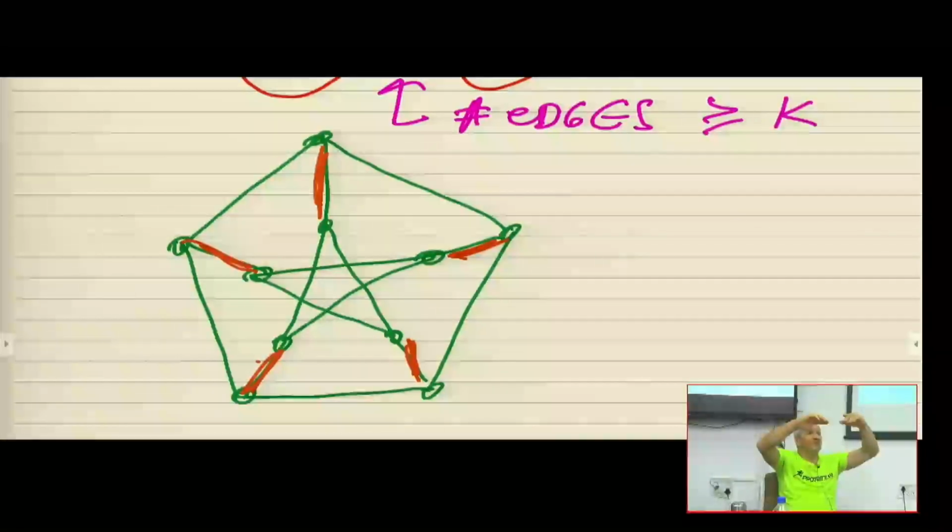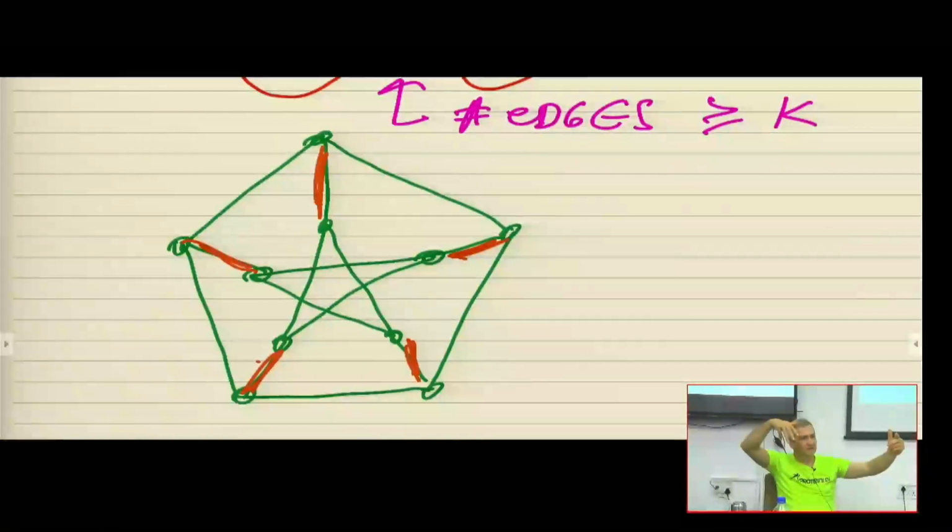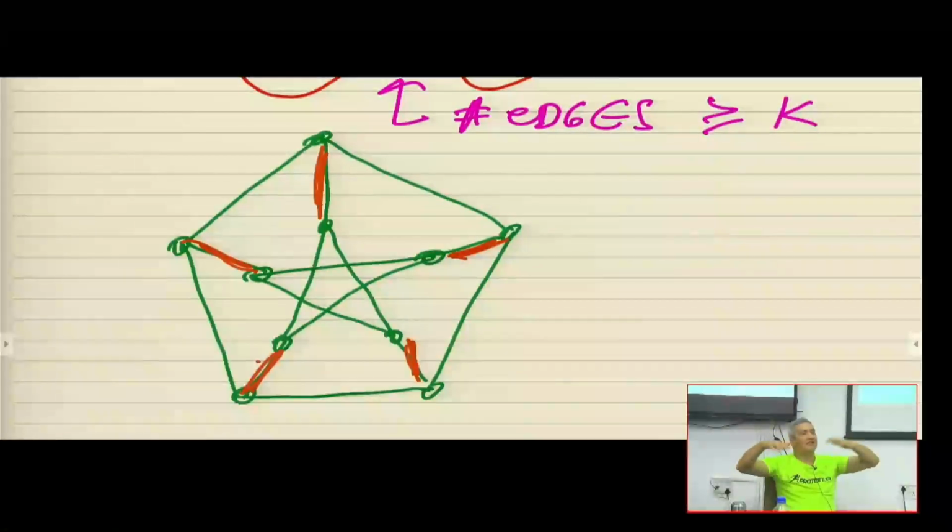So for snarks we remove bridges, loops, 2-edge cuts. You can remove a 3-edge cut also. A 4-edge cut you can remove in a way. 3-cycles, 4-cycles, there are reductions. Okay, we don't have time to do it.